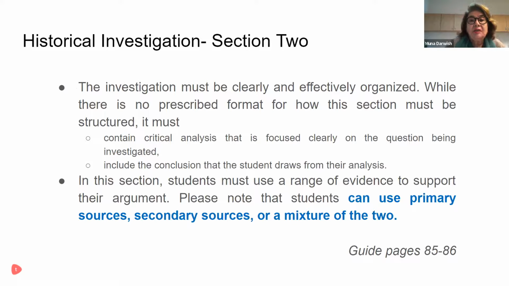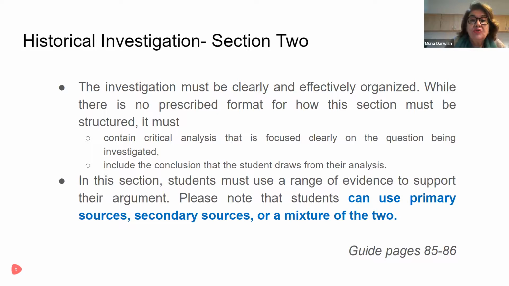The investigation must be very organized. In addition to knowledge and understanding, we should also analyze and synthesize knowledge through the consideration of different perspectives, for example. The investigation part, which is part 2, should have a conclusion that the student draws from the analysis conducted.